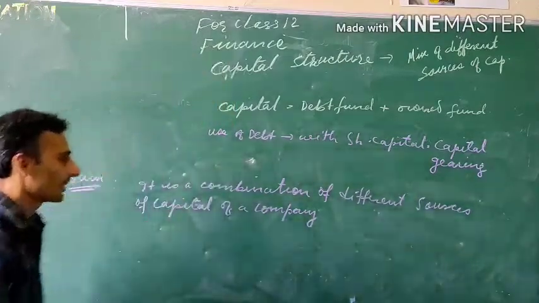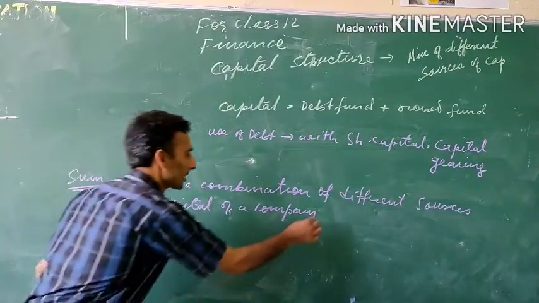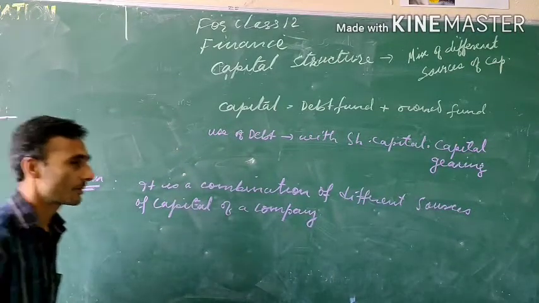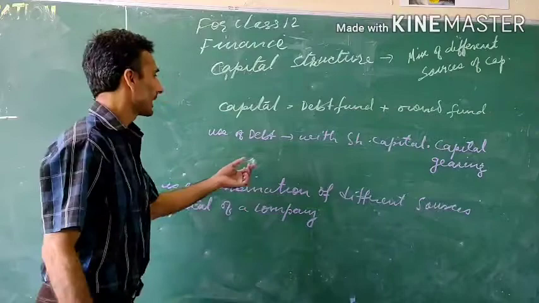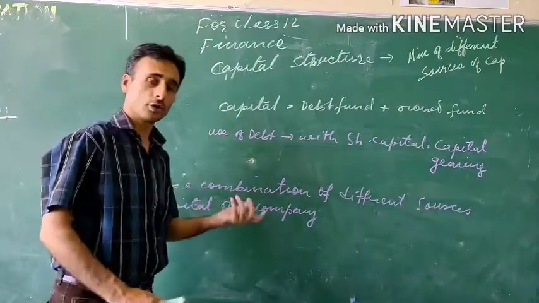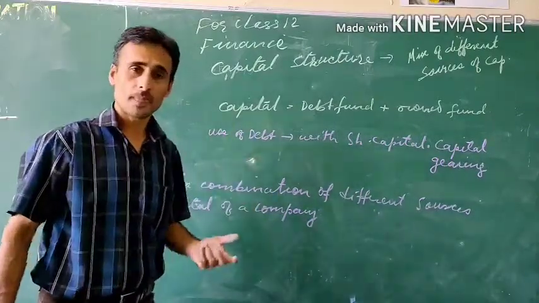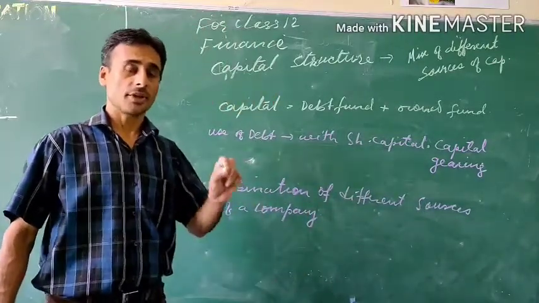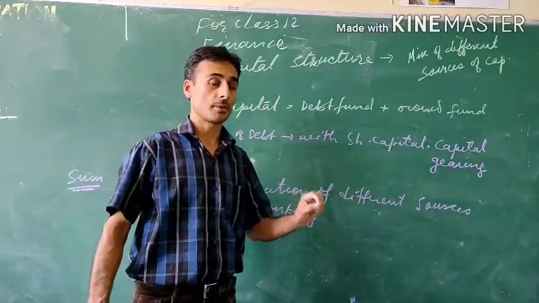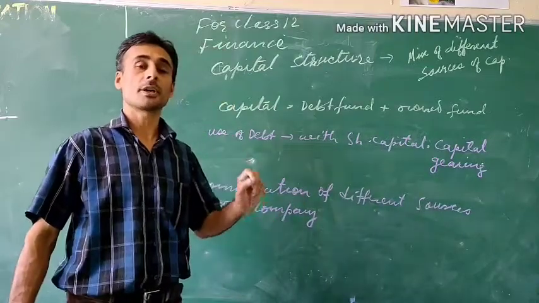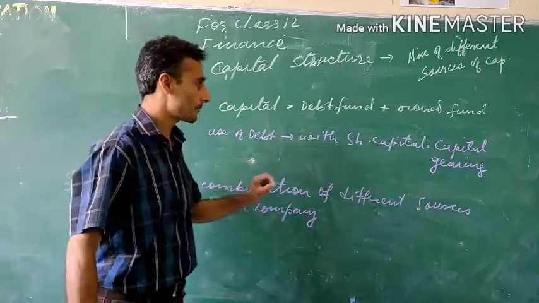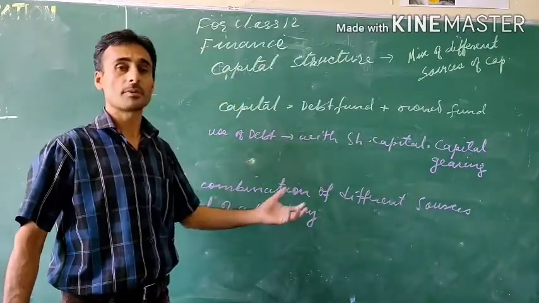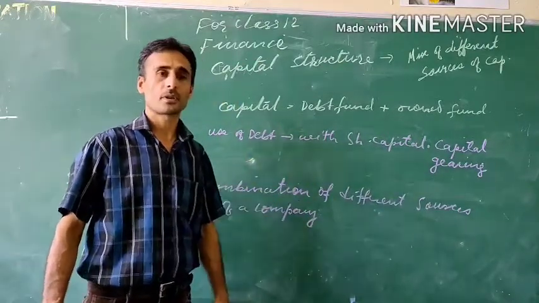It is a combination of different sources of capital of a company. So that's what a capital structure is. So it shows how much of loan, how much of debenture, how much of public deposits, right? That is fixed interest bearing instruments. These are called fixed interest bearing instruments, used along with share capital in the total capital of a company.